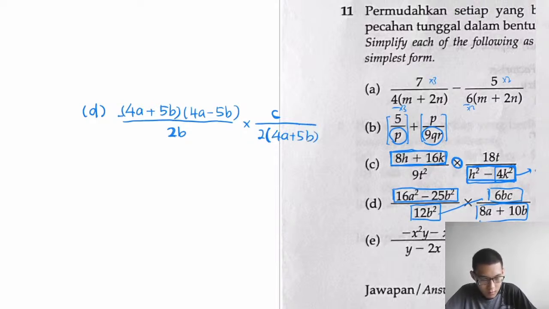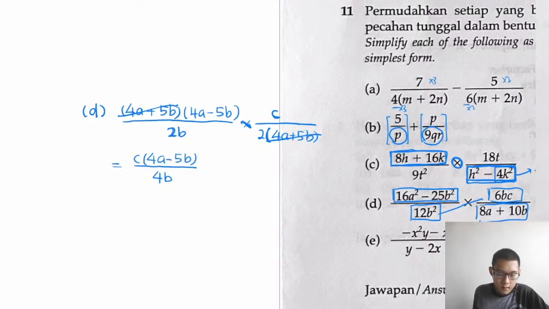So we can try to simplify this when we see this 2. So now we have 4a minus 5b times c divided by 2b times 2, equal to 4b. Okay, the answer is this.